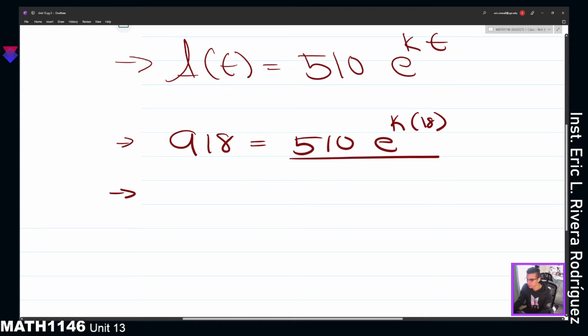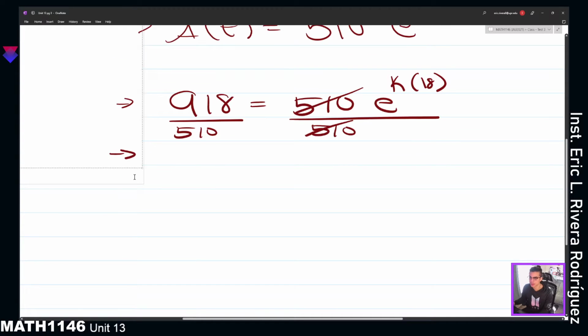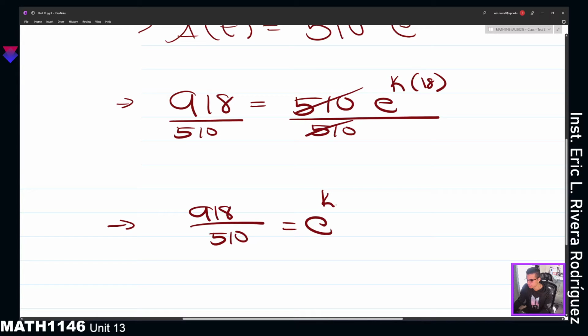The first thing that you want to do is to divide both sides by 510. You do that, and this is what we have: 918 divided by 510 equals e raised to the power of k times 12.